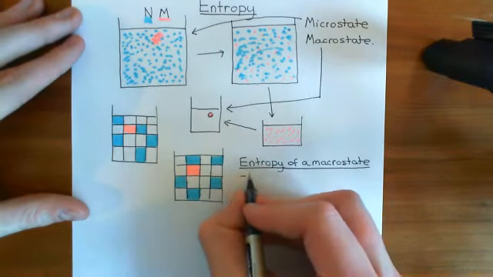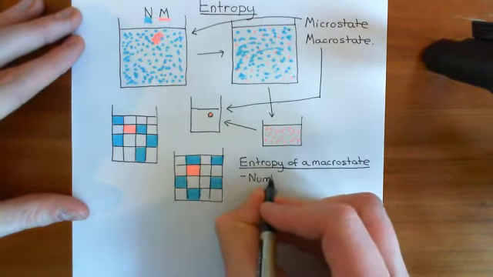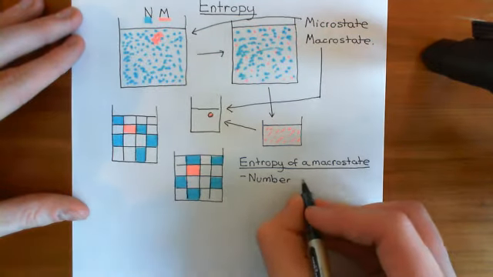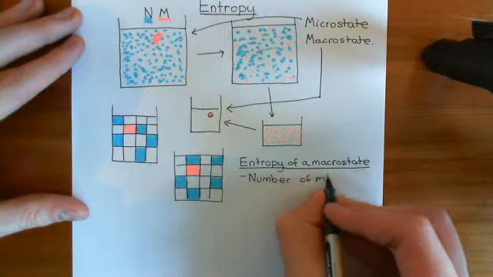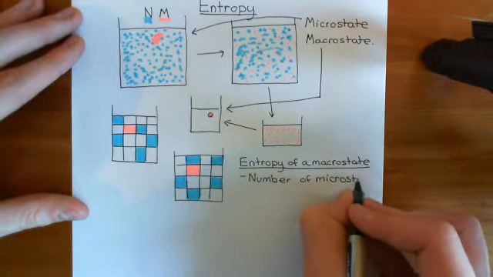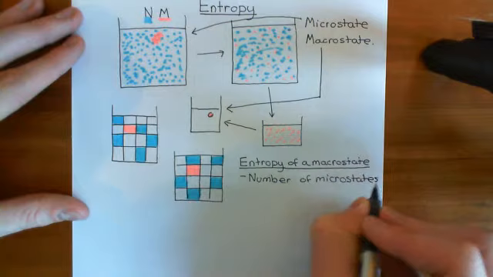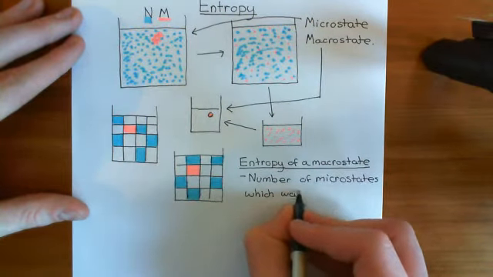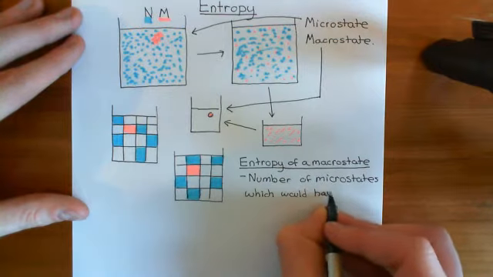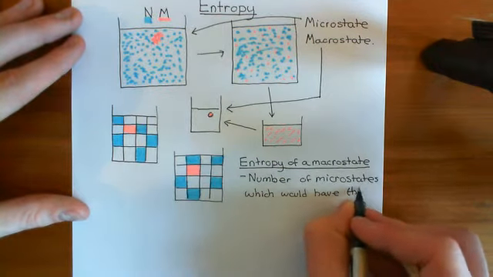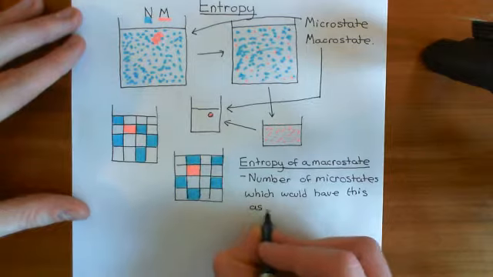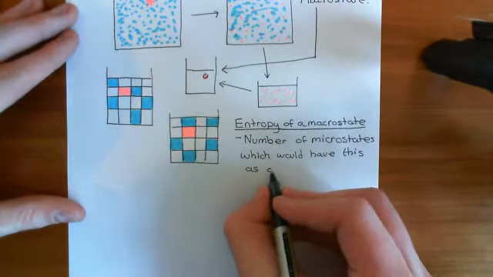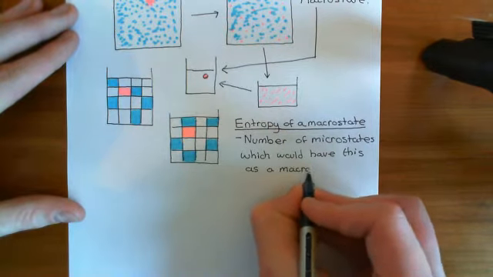So the number of microstates that would give a macrostate that looks like this, that would have this as a macrostate. That is the best way that I can explain entropy of a macrostate.